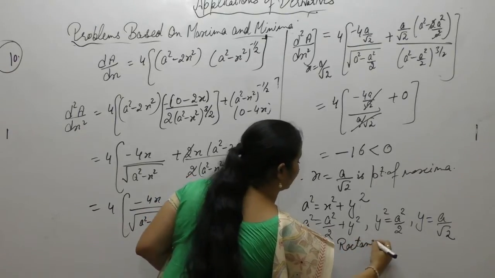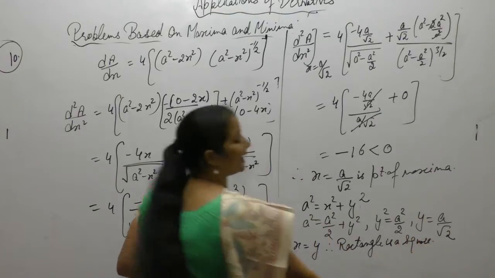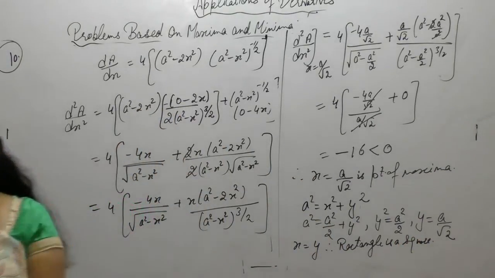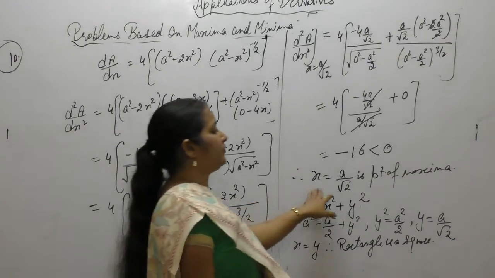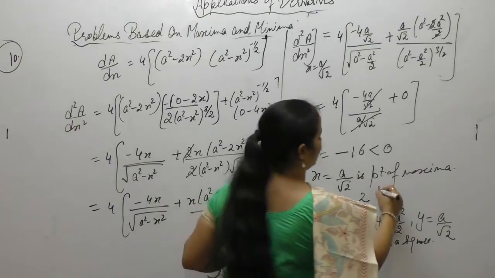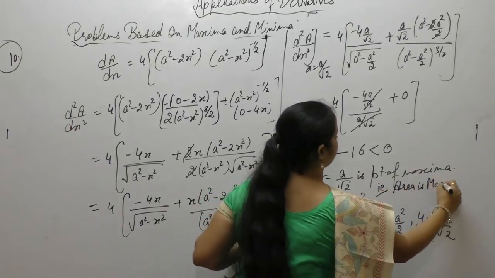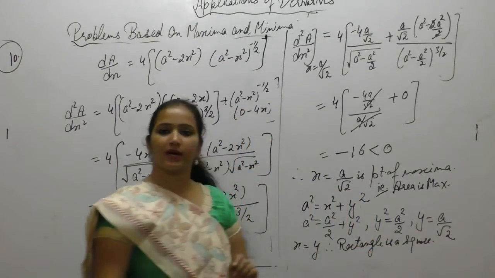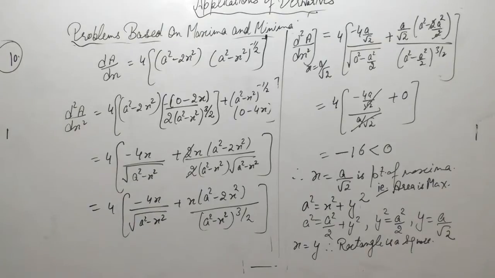It means the rectangle is a square. And we have to prove the square has maximum area. If this is the point of maxima, that is, area is maximum and the rectangle is a square, it means the square has maximum area. Note it down.